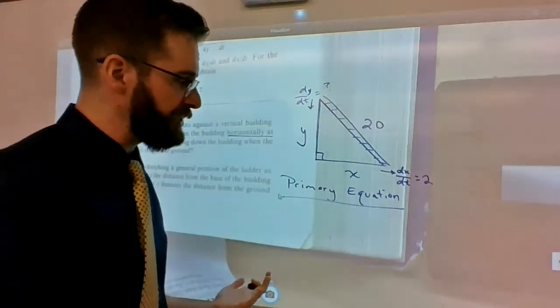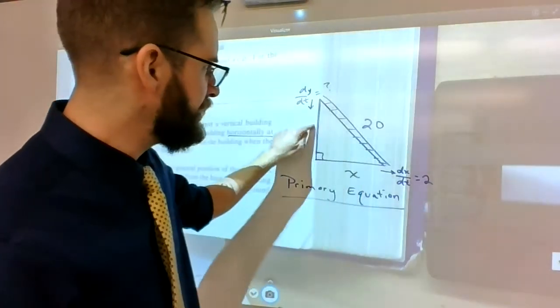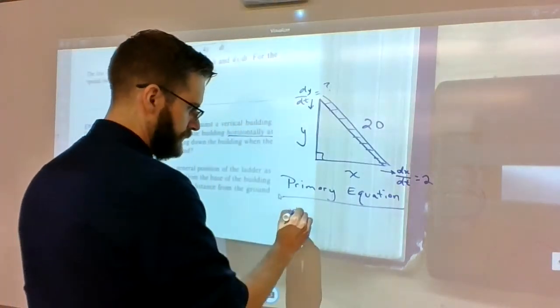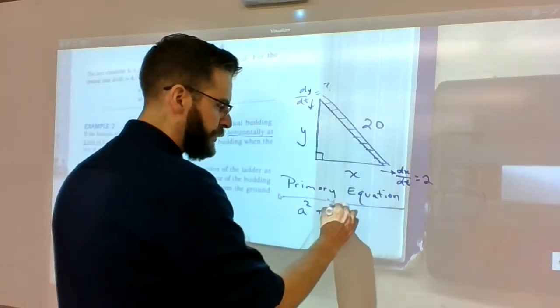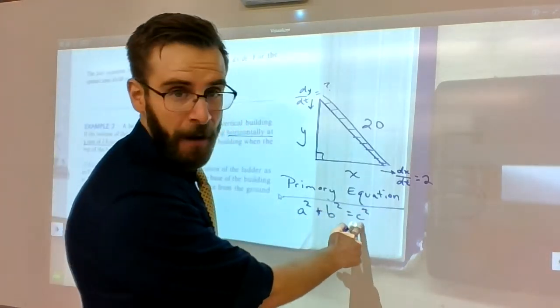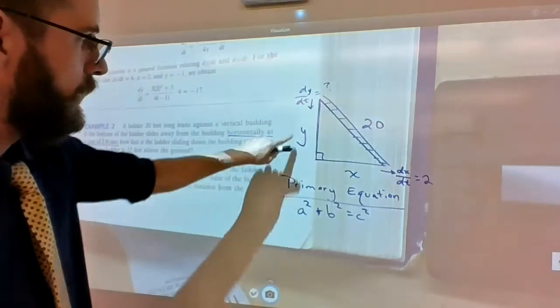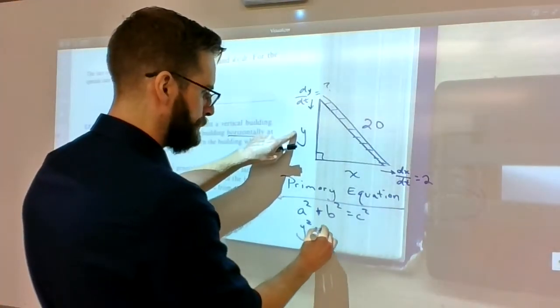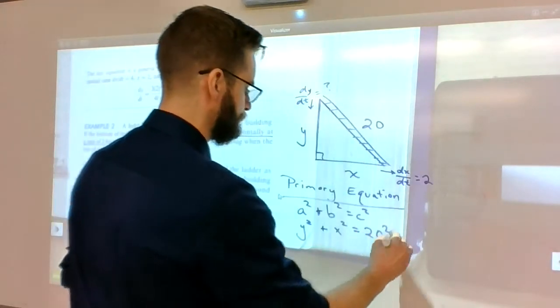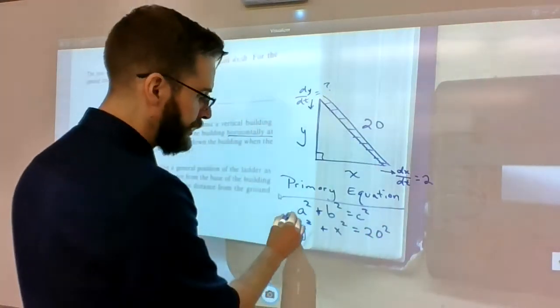So the primary equation, something that relates all three sides of a right triangle, is the Pythagorean theorem. A squared plus b squared equals c squared, where a and b are the legs of the right triangle and c is the hypotenuse. So y squared plus x squared is equal to 20 squared. That equation holds. We know it's true.